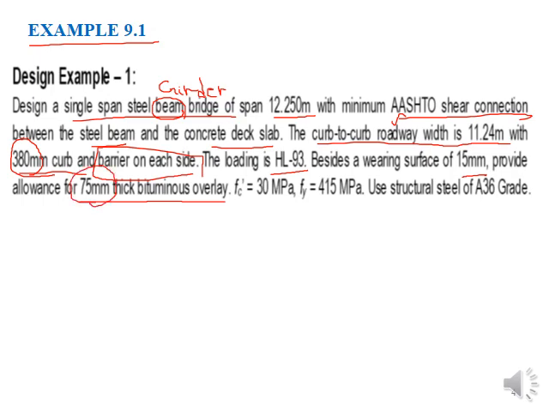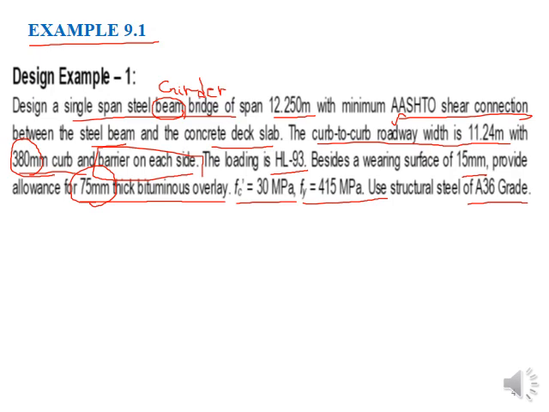So what you have to do, you have to go for the thickness of the slab, and ultimately these thicknesses above the bridge deck slab you can add into it to get the total thickness of the slab. fc' is 30 megapascal, fy is 415 megapascals, and you have to use the structural steel A36. So all the values are given, those are needed to start with our design.